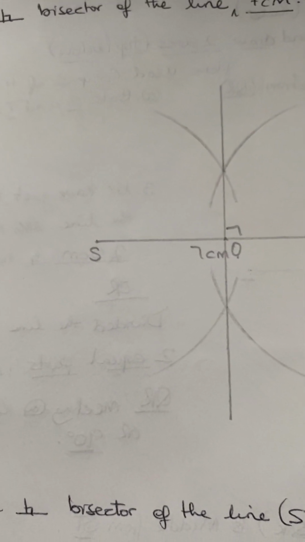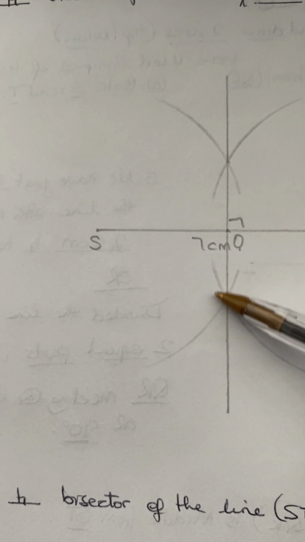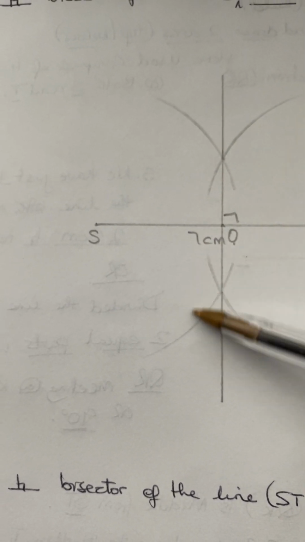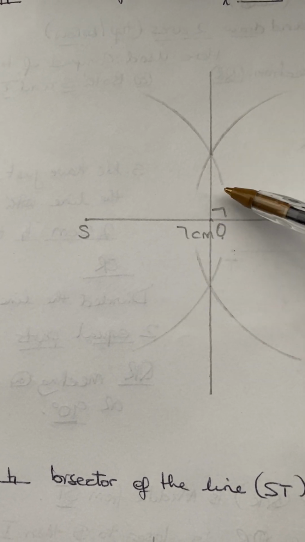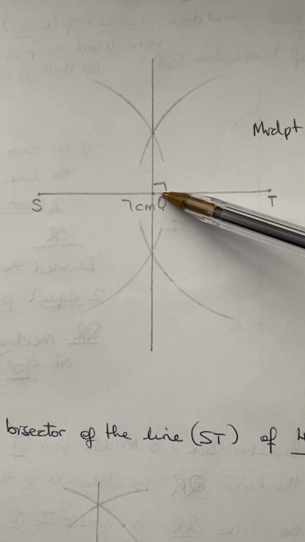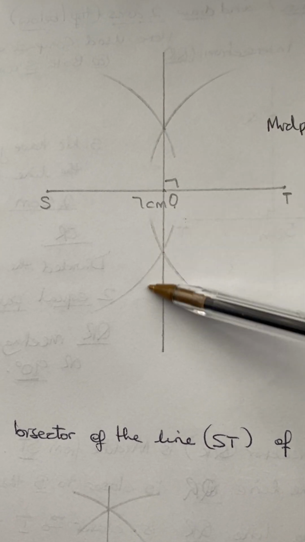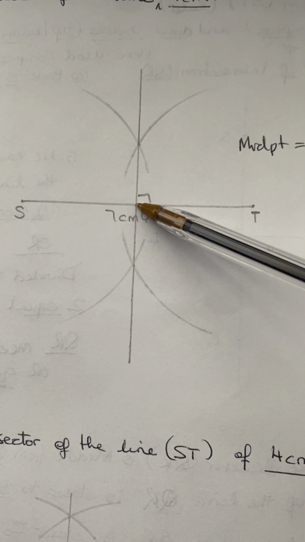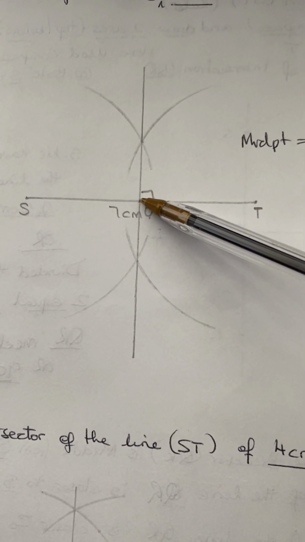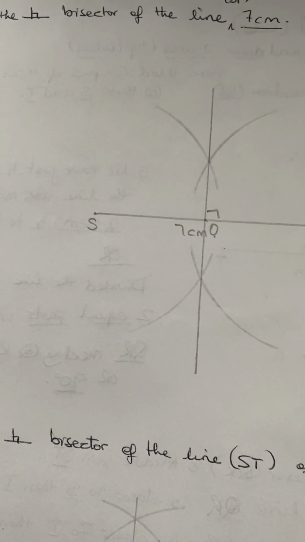Now you have two points of intersection, one on top and one below. You join them, and it will be a line at 90 degrees. This is your perpendicular bisector. If you measure, it divides the line exactly at 3.5 centimeters.